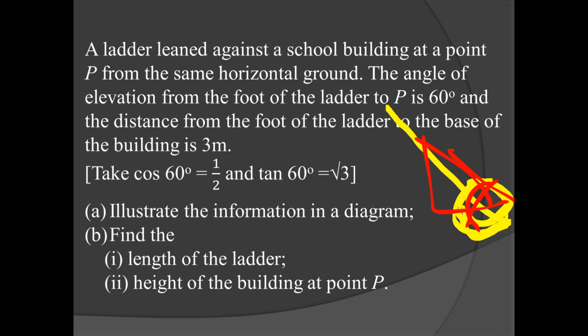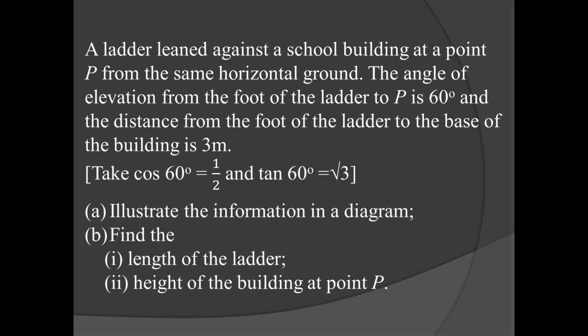You get it? I am looking up. You will see why that part is angle of elevation. We will look at the difference between angle of elevation and angle of depression later in another video. So let me clear. All right.